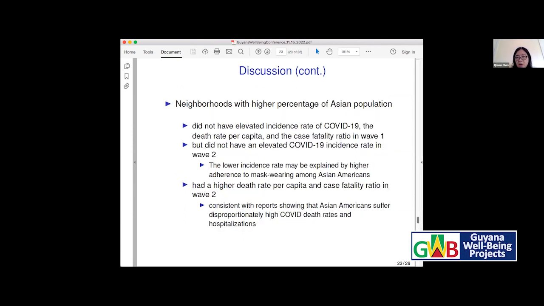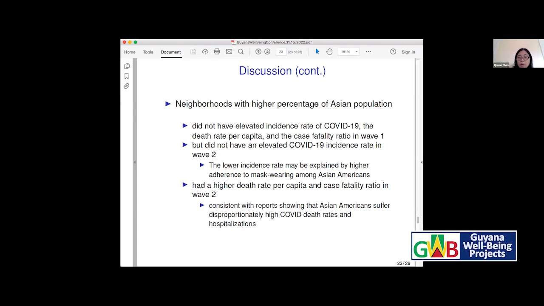Neighborhoods with a higher percentage of Asian population did not have an elevated incidence rate of COVID-19, death rate per capita, or case fatality ratio in wave 1, but we did see an elevation in wave 2. The lower incidence rate in wave 1, we think, is because they get information from social media, because COVID first happened in Asia and then came to the US.